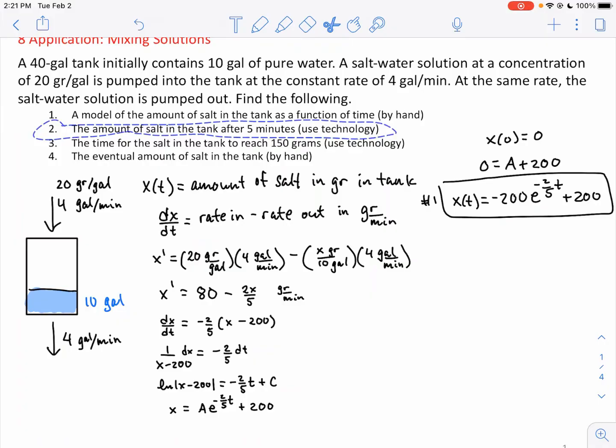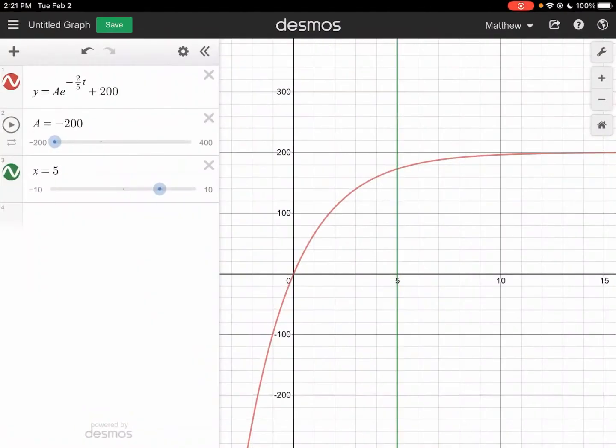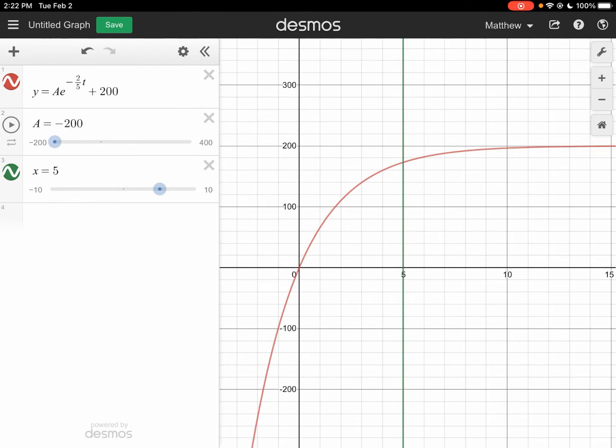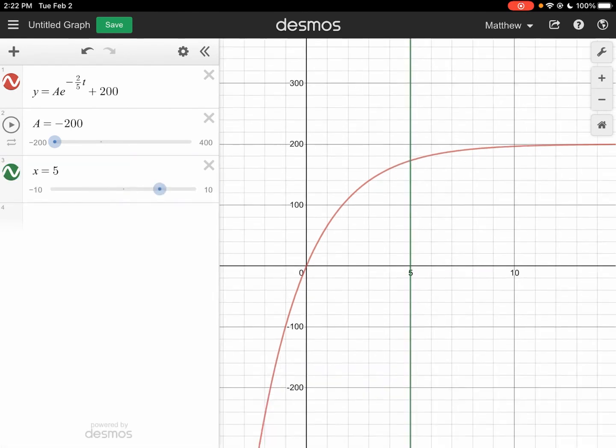X is our dependent variable, but Desmos really doesn't like when you treat x as the vertical variable. That's why I wrote y equals when I did the graph, and why I have to say x equals to make a vertical line. But anyway, this is really at time 5, not x equals 5, but time equals 5.